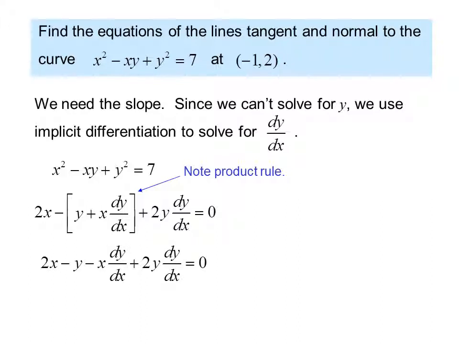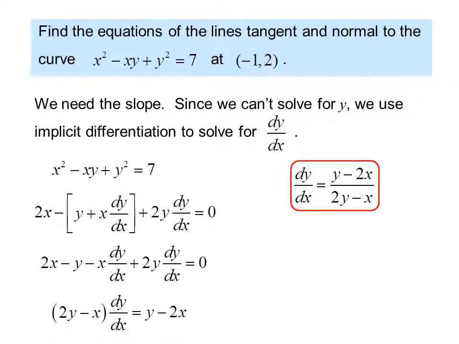Now we clear the parentheses, collect the dy/dx terms on the left side, and move the other terms to the right side, and then solve for dy/dx, giving us an expression for the slope in terms of x and y.